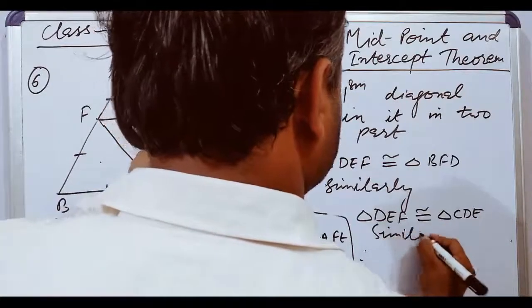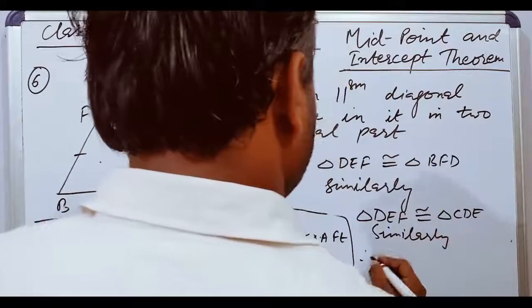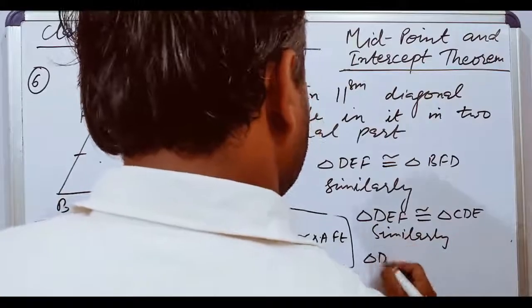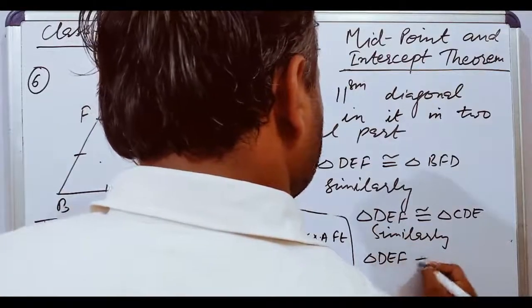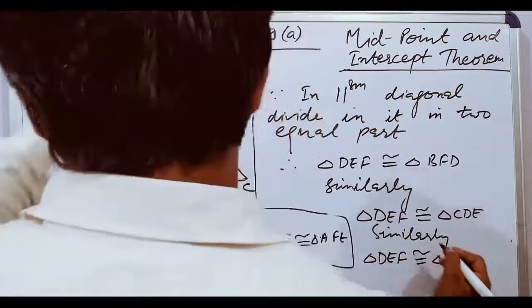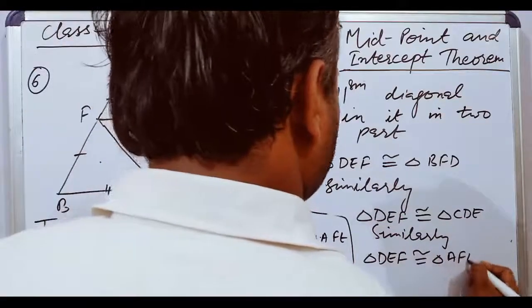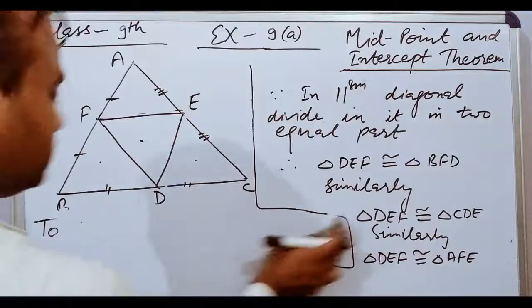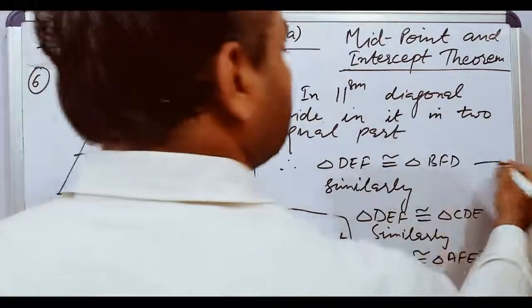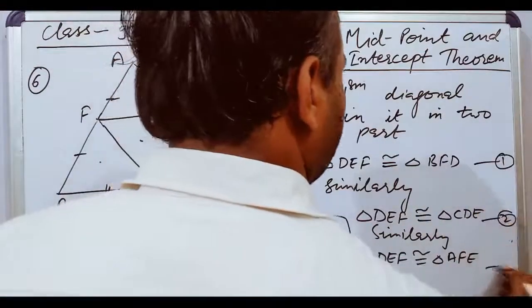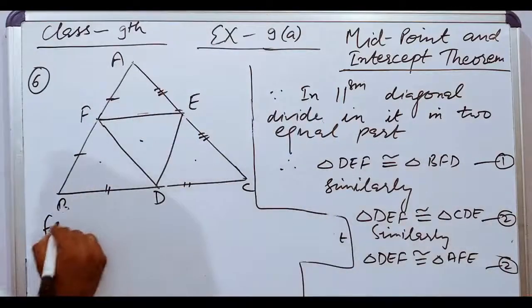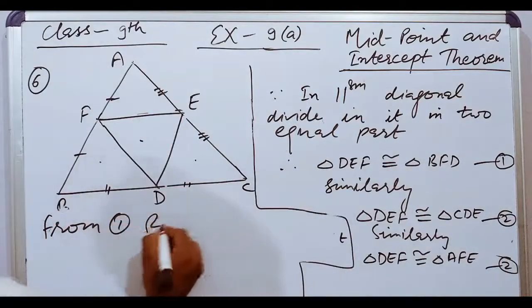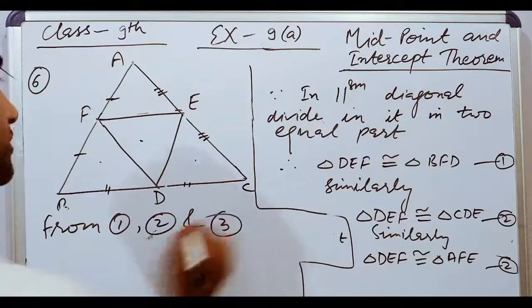Similarly, triangle DEF is congruent to triangle AFE. So this is proved from first, second and third.